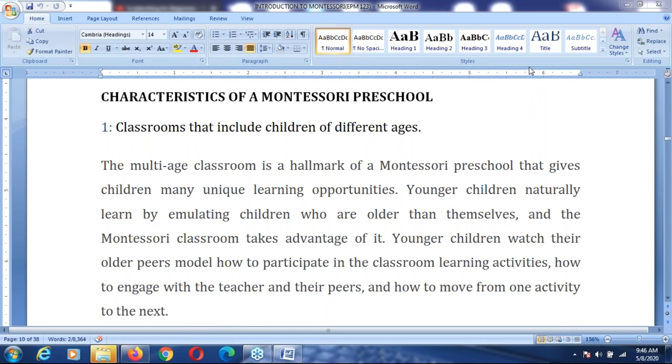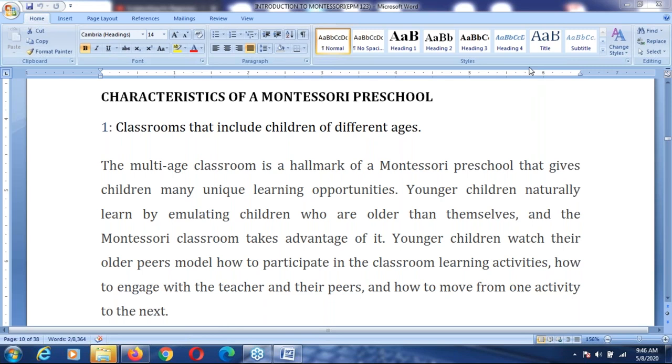So in the area of self-discipline, a child is allowed to choose an activity of his own choice, and then he explores the activity and develops new knowledge from what he or she is exploring, and also obeys the rules and regulations stipulated and enforced by the teacher.